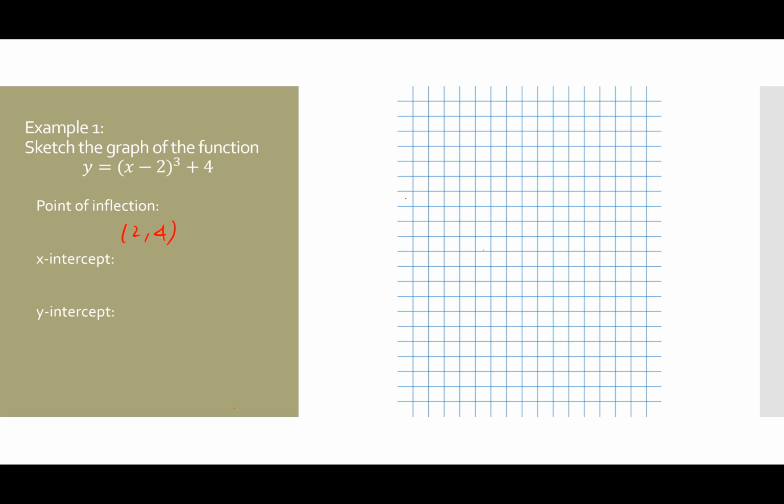To work out the x-intercept, you substitute y equal to 0 into your function. So (x - 2) cubed + 4 = 0, so (x - 2) cubed = -4. Unlike taking a square root on both sides, you can take a cube root if you have a negative value on the right.